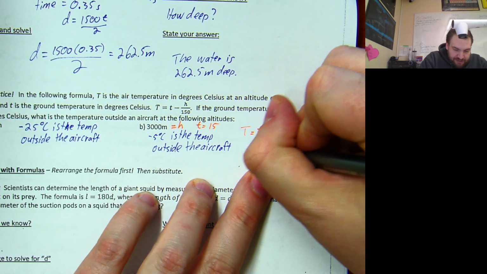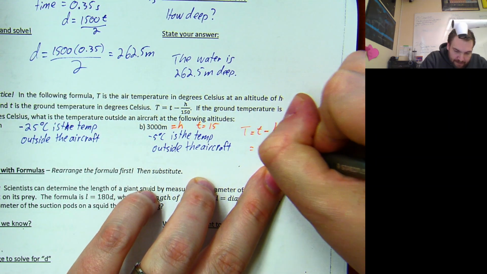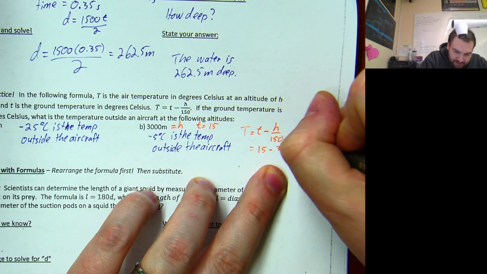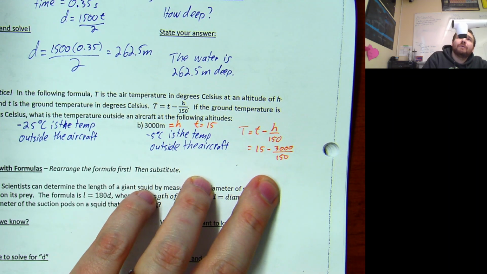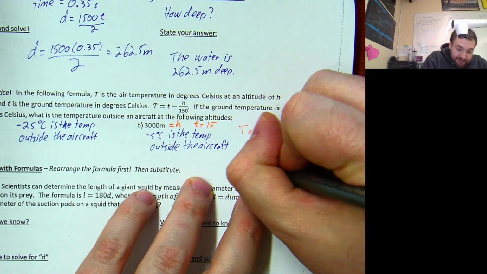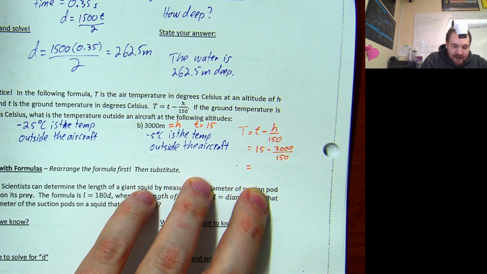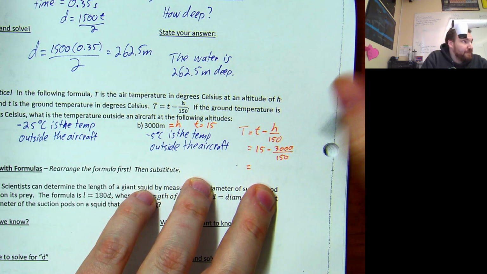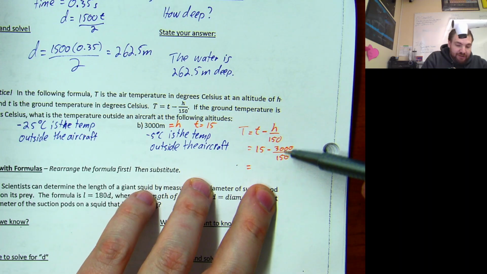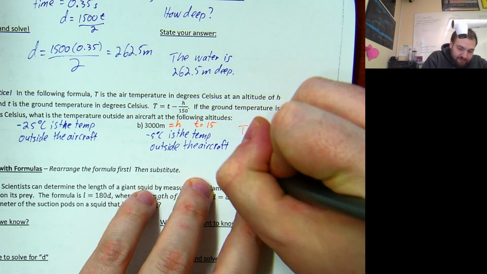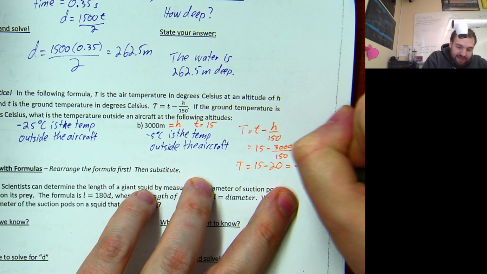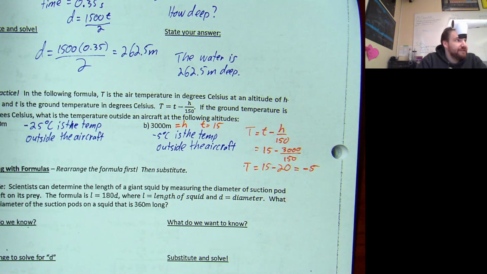Small t is 15 minus 3,000 over 150. Now it's just math. We do the division here, which gives you 20. So then 15 minus 20 equals negative 5.